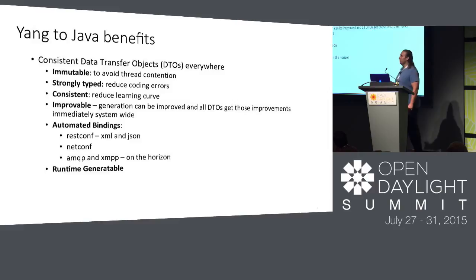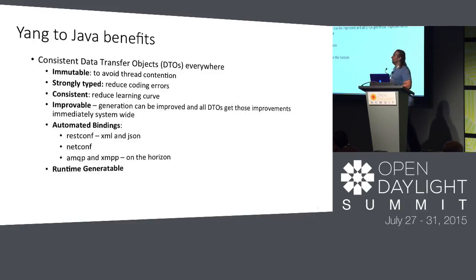The likelihood of human beings successfully generating immutable data transfer objects reliably across hundreds of human beings is approximately 0. When you do it wrong, the Heisenbugs are unbelievable, right? You sort of look at it and go, why the hell is this broken? By generating those Java classes from the model, they are immutable every time.